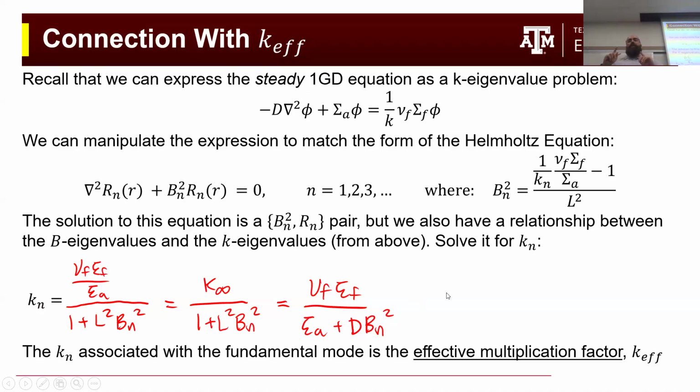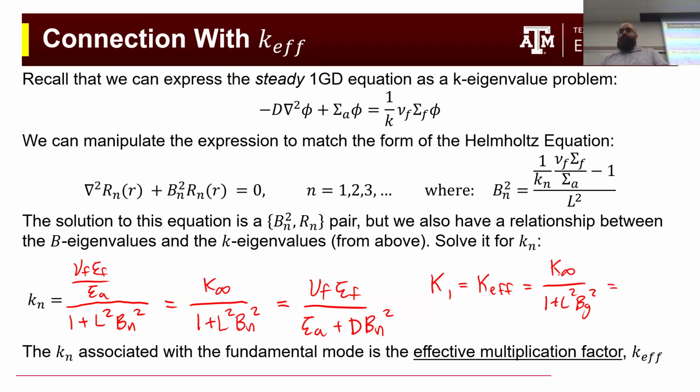Just like there was a pair of Bn and lambda n that went together, in this context there's a pair of Kn and Bn that go together. If we write this in terms of the fundamental mode, which means n equals 1, and that corresponds to K effective, then I could say K1 is K effective, which is K infinity over 1 plus L squared, and plugging in n equals 1, B1 becomes BG squared.